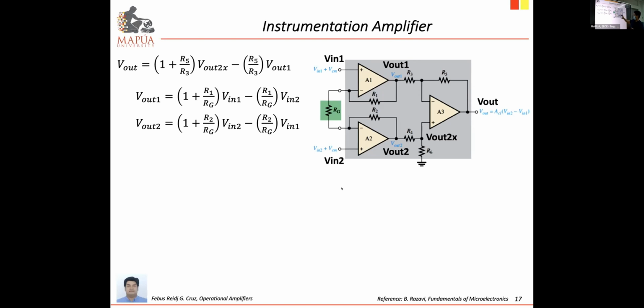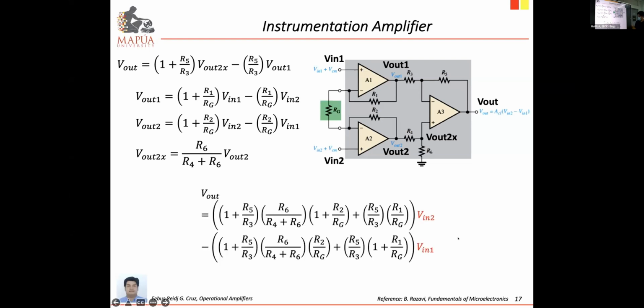Then from our voltage division, V out 2X is equal to this. So combine them together, this is our equation. Okay? So you now have V out in terms of the overall inputs, V in 1 and V in 2.